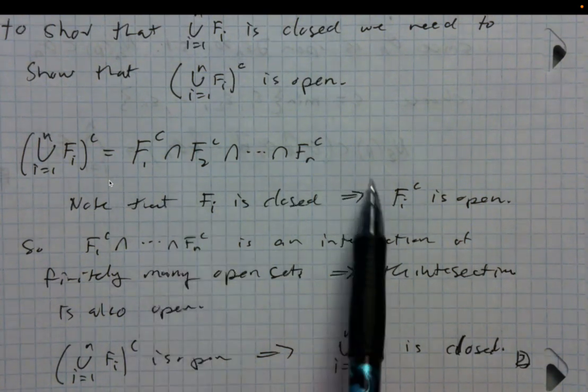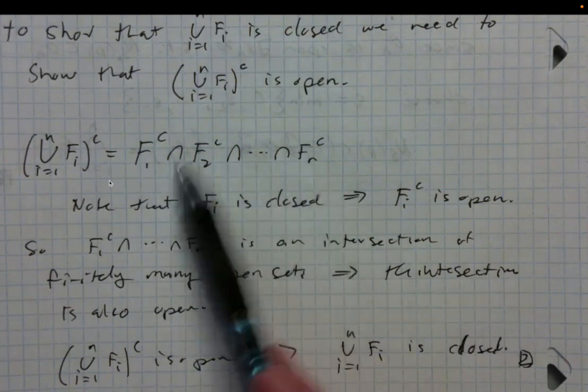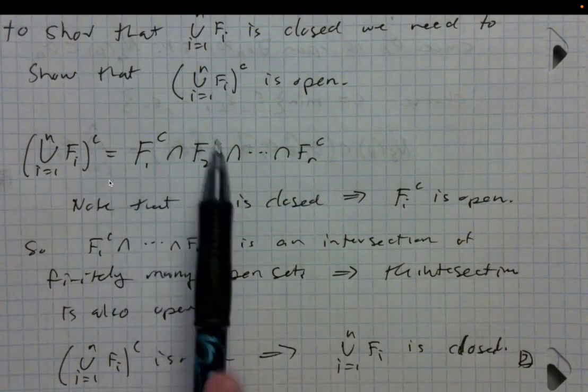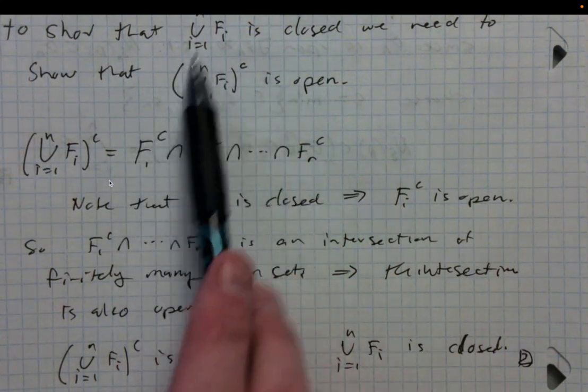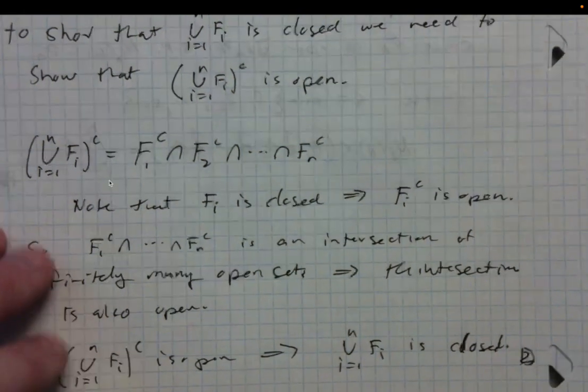This wouldn't be true if this was an infinite set. There are counterexamples, and we're going to see one in a second, but the fact that we're talking about a finite collection of closed sets means we can just expand this and use the previous theorem. Okay, and I'll leave the other one for you guys to prove. You can just take a couple minutes and probably figure it out. It's similar.